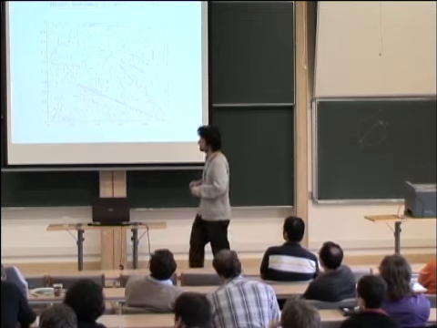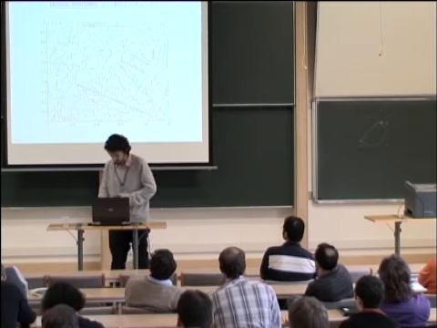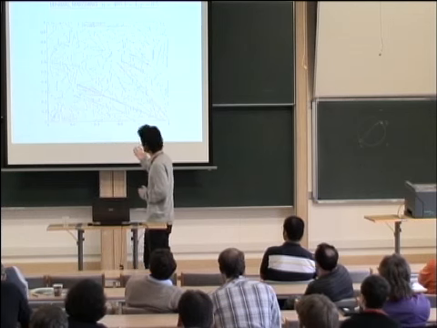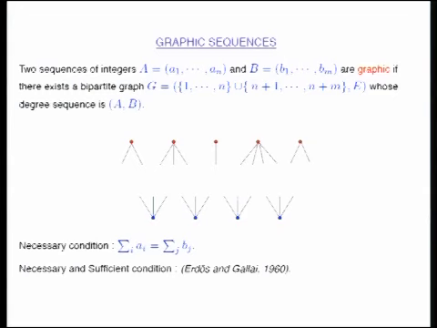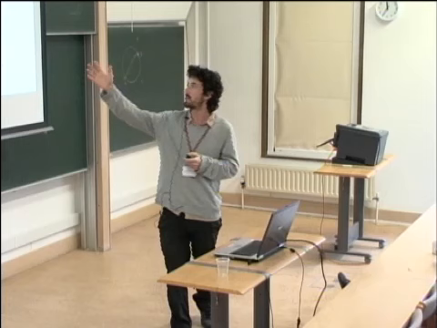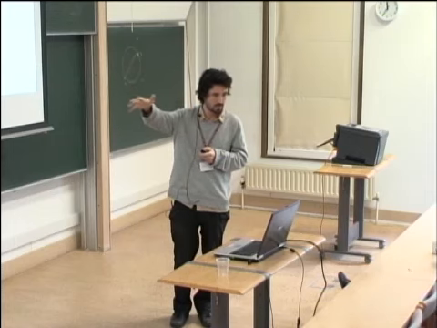And okay, this is an ongoing work, and I don't have many smart things to say about this model, but I want to generalize this bipartite structure to two sequences of points, where each point from the first set wants to be connected to k points from the red set, and each point from the red set wants to be connected to l points from the blue set.